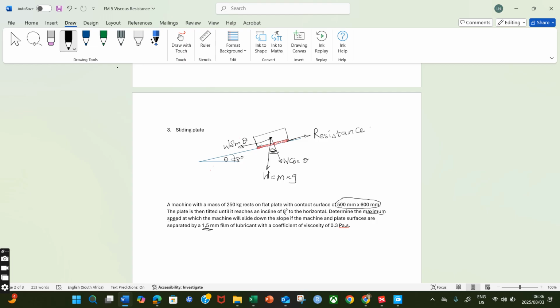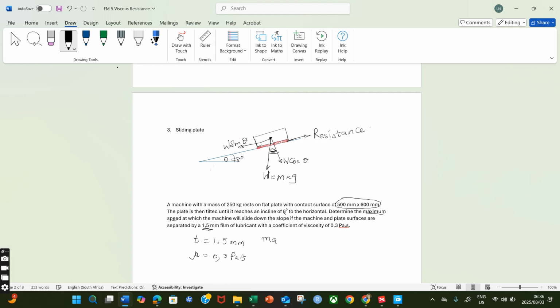In other words, this is our T. T is equal to 1.5 millimeters, film of lubricant with the coefficient of viscosity of 0.3 Pascal second.